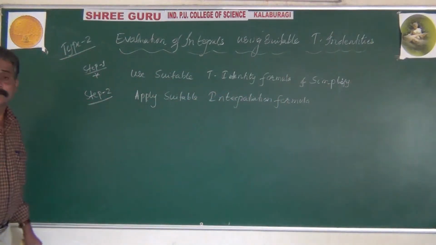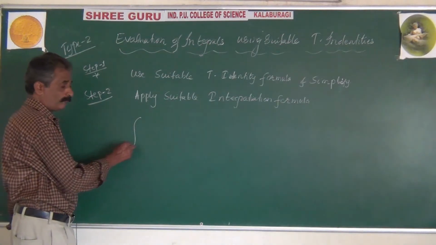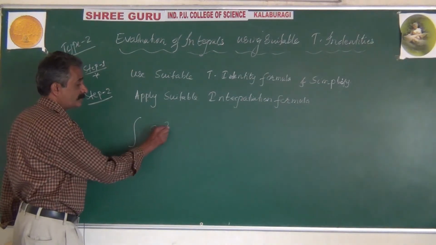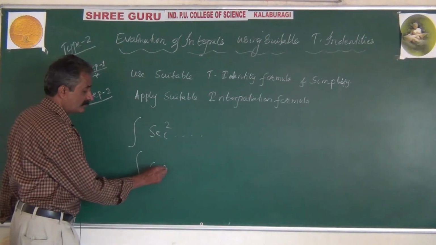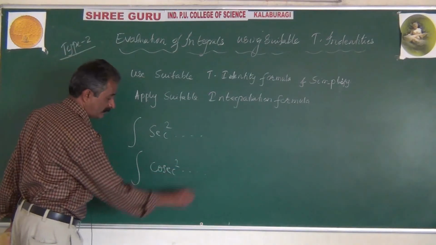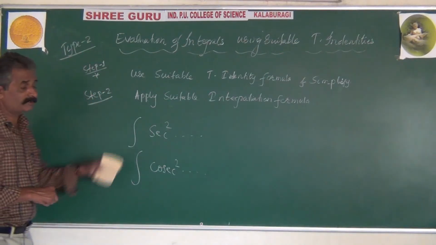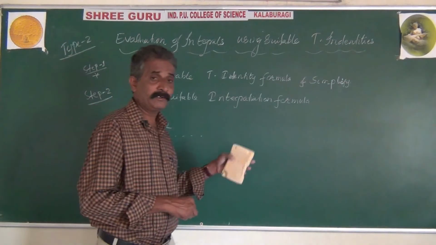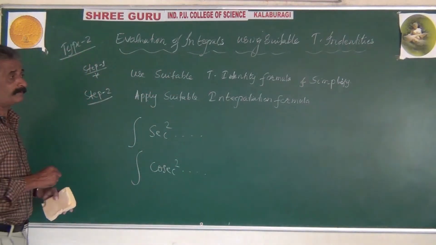And one more thing, keep in mind very correctly: we have a formula for integration of secant square. We have a formula for integration of cosec square. But for other expressions, like sine square, cos square, tan square, cot square, we don't have a formula of integration.